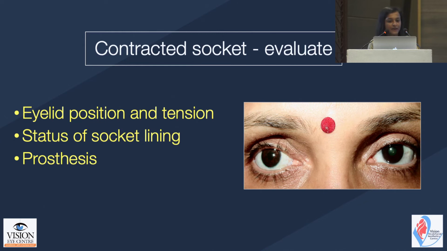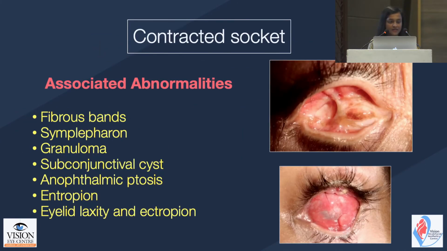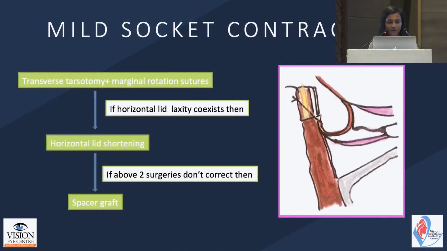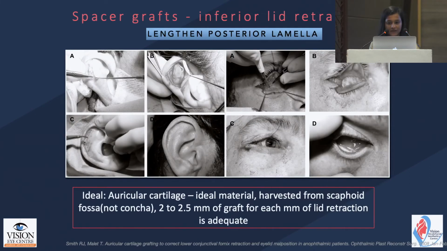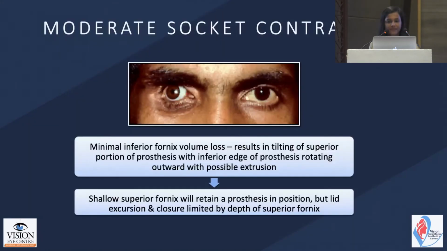You evaluate it with the eyelid position, the socket lining, how the prosthesis is sitting, the state of the prosthesis itself. And you look at other issues which can happen in the socket, that is fibrous bands, symblepharon, ptosis, entropion, ectropion. These procedures will be covered by the subsequent speakers, so I won't be going into that.